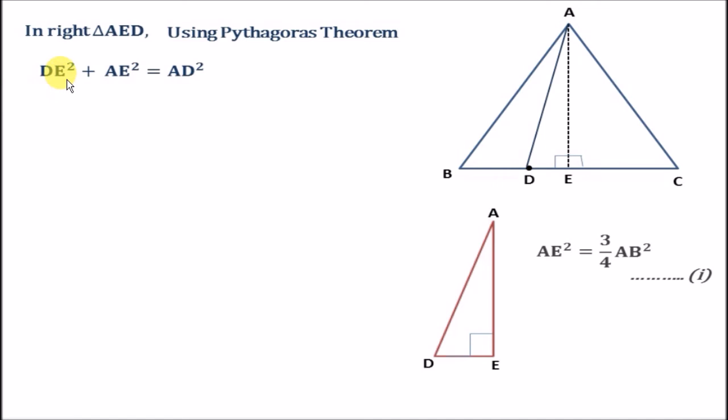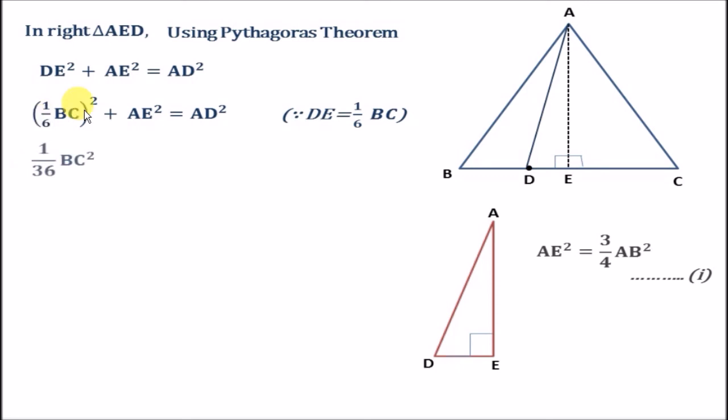Putting the value of DE as 1 by 6 of BC, we will have 1 by 6 BC whole square plus AE square equals to AD square, since DE equals to 1/6 of BC. 1 1s are 1, 6 6s are 36, so 1 by 36 BC square plus, now we will use equation 1 and replace AE square with 3 by 4 AB square equals to AD square.